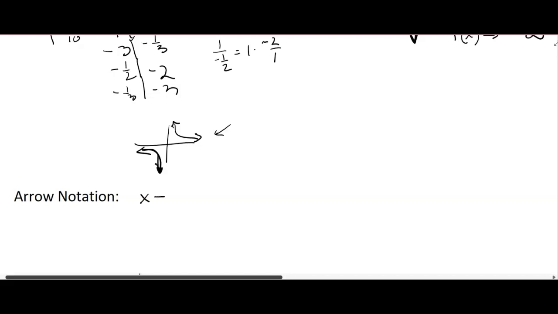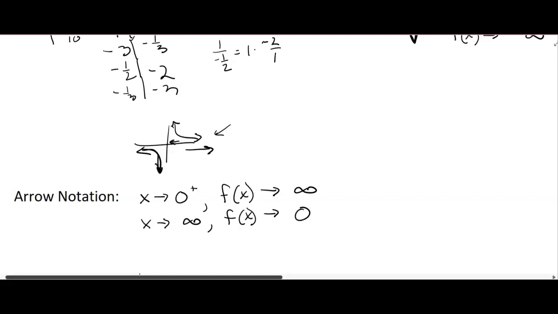As x approaches 0 from the right-hand side, so as we're going this way, then f of x is approaching infinity. Now, as we're going this way, as x approaches positive infinity, f of x is approaching 0.